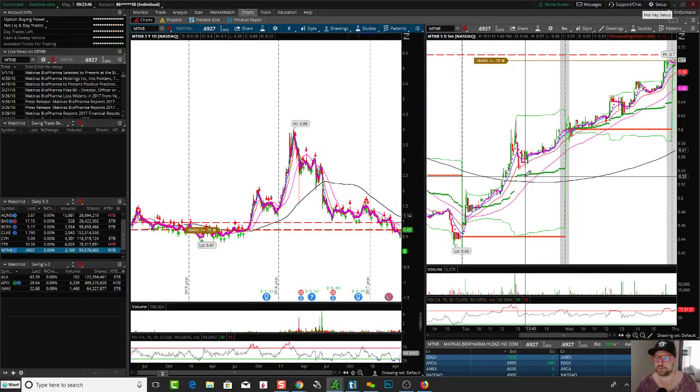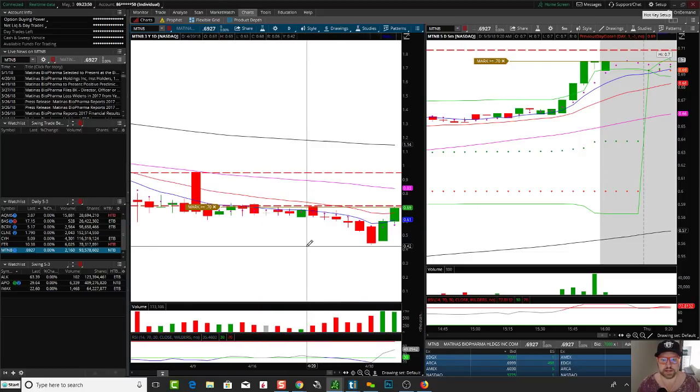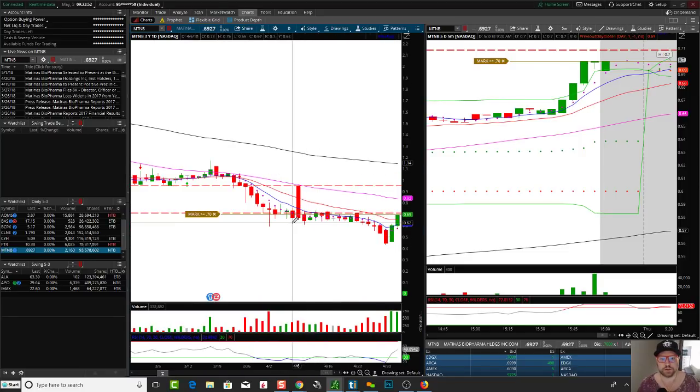MTMB, this one right here, not much volume. I put it on, it was kind of a cheaper one. Again, you have some resistance around 83 cents at that 50 SMA, and then right below $1 right here.